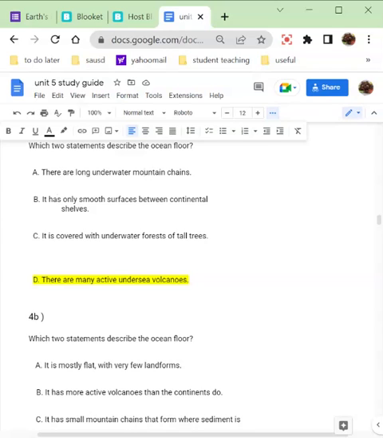Not mountains, more like volcanoes. Right? Remember the Ring of Fire. Has only smooth surfaces between continental shelves? Most likely not.